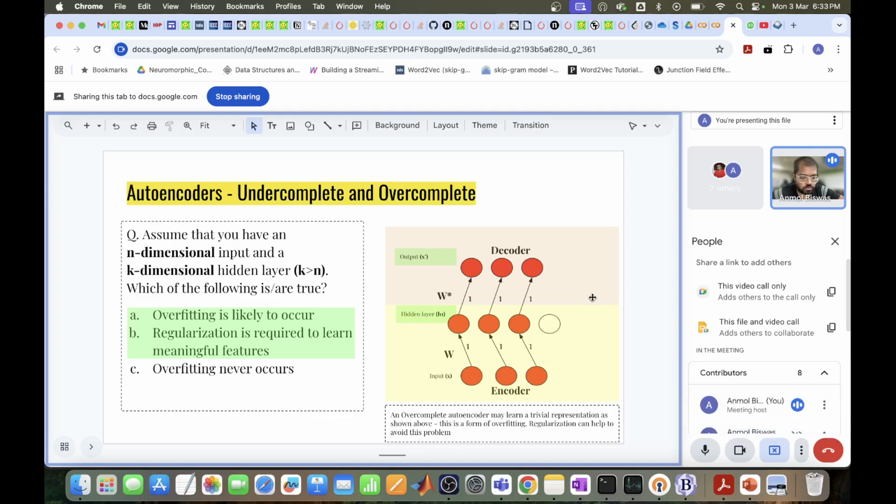You have not learned any meaningful features from the data. You're just bypassing the information from the input layer to the output layer. It's just like a highway through which the information is passing, right? So this has not learned anything.